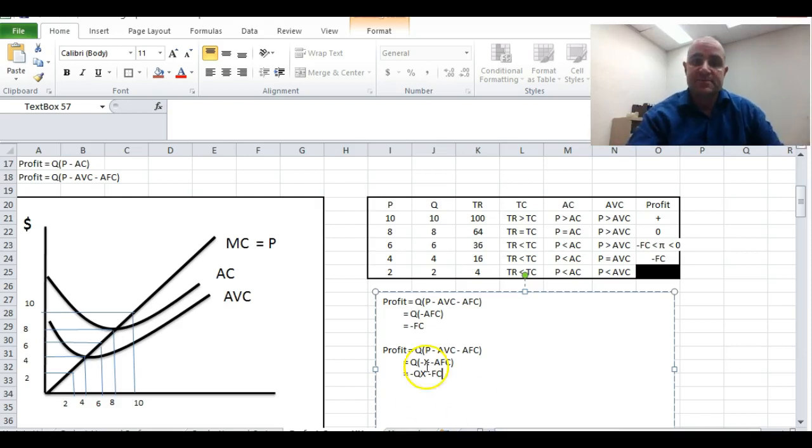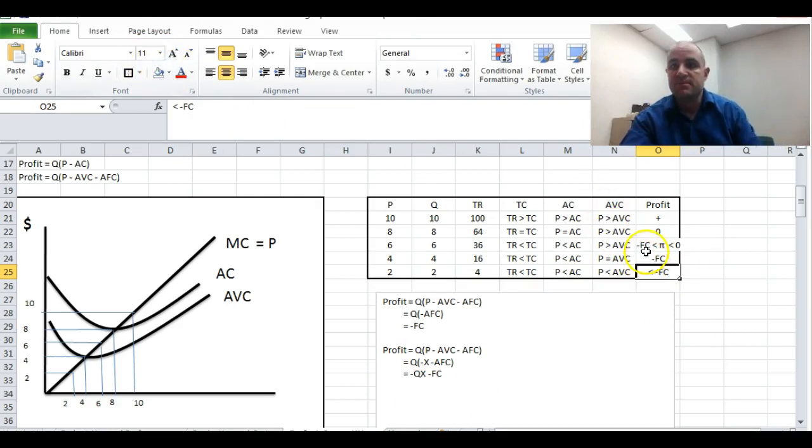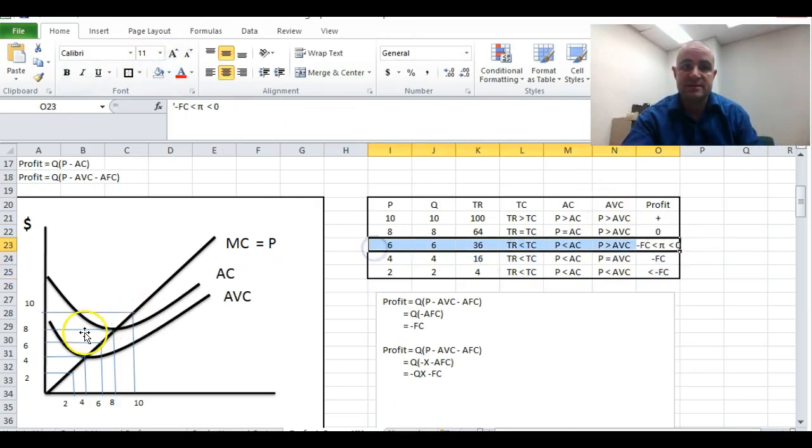Because let's look at your options. So let's say we are at this point here. So we're at 6, 6. So your profit here is negative. However, it's still greater than minus your fixed costs. So if you shut down, your profit is going to be minus your fixed cost. So let's say your fixed cost is $100.